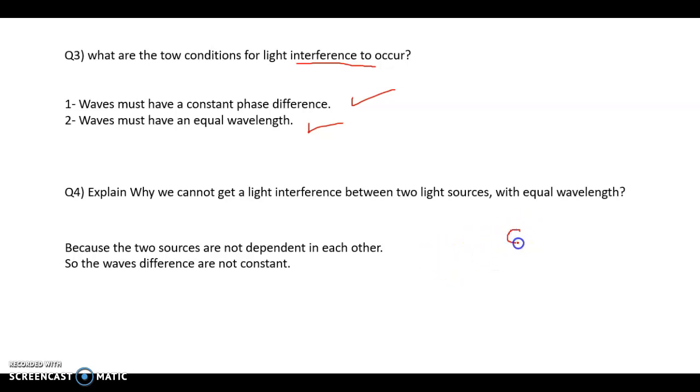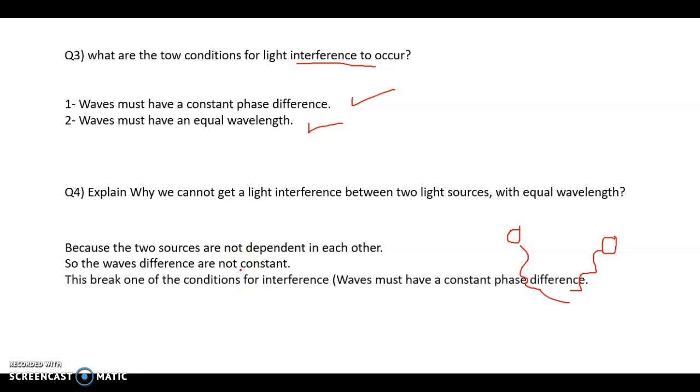If I have this source and I have this source, they are both shining a red light. This comes this way and this comes this way. So they are not dependent on each other. So the wave difference is not constant. It's a random wave difference.